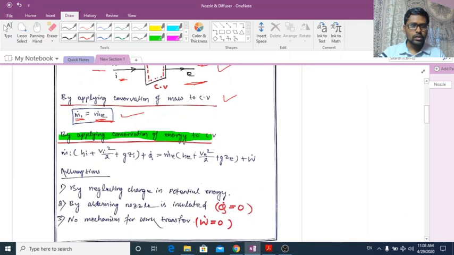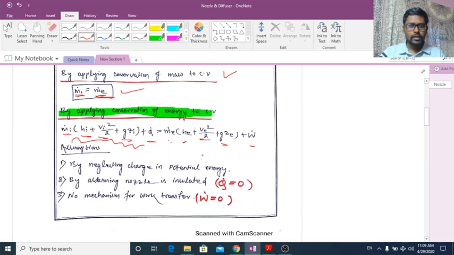So m dot i times (hi plus Vi square by 2 plus g Zi) plus the rate of heat transfer Q dot, that is the energy entering into the control volume, is equal to the rate at which energy is leaving from the control volume, that is m dot e times (he plus Ve square by 2 plus g Ze) plus W dot. And these right side terms are the energy that is coming out from the control volume or from a nozzle.